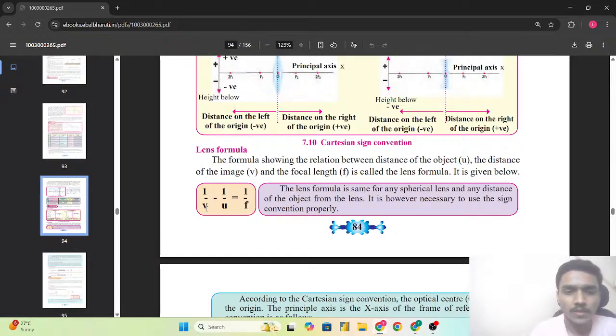So the lens formula, that is 1 upon v minus 1 upon u is equal to 1 upon f. The lens formula is the same for any spherical lens and any distance of the object from the lens. It is however necessary to use the sign convention properly, as it is mentioned in this box, that we have to carefully use the sign convention while using the lens formula.